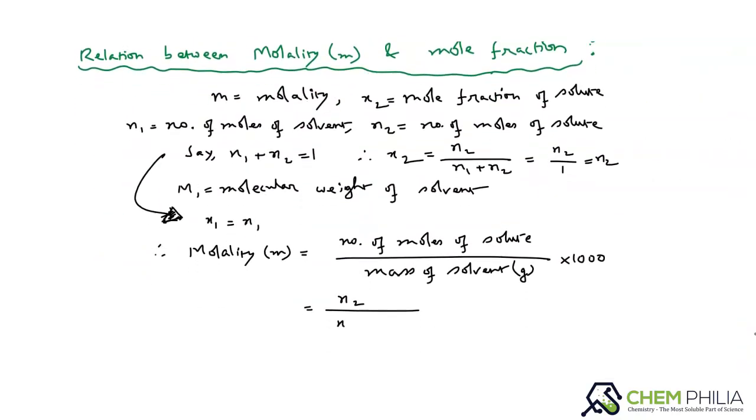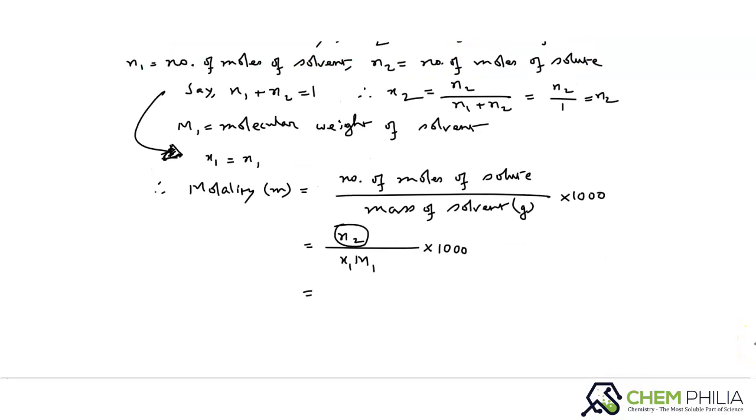Mass of solvent is x1 m1, multiplied by 1000. Now in place of n2 we may write x2, so it becomes x2 into 1000 divided by x1 m1.